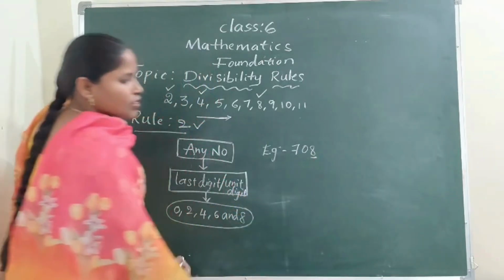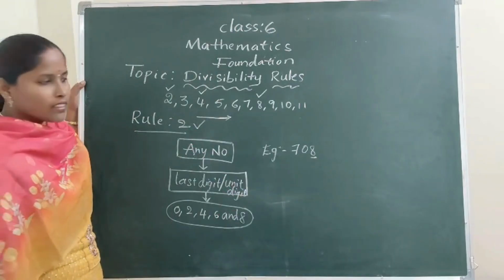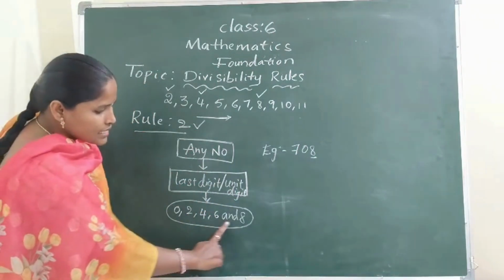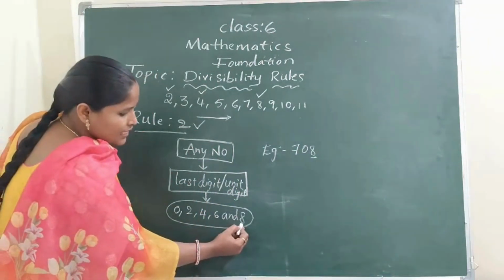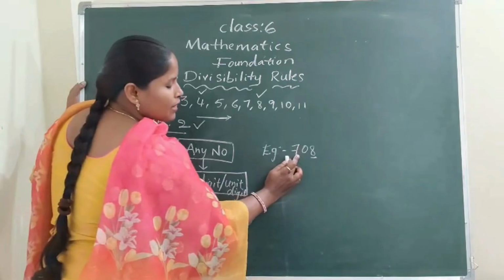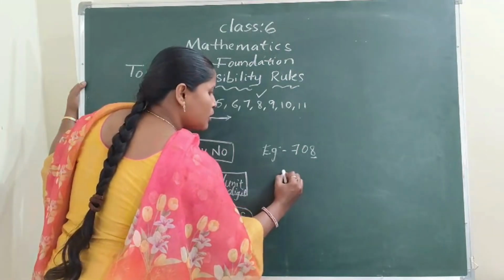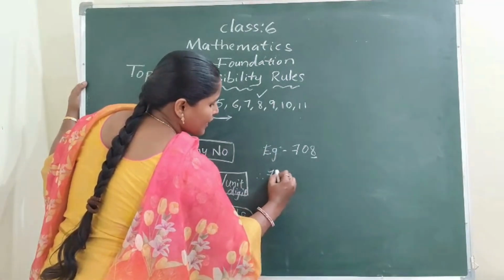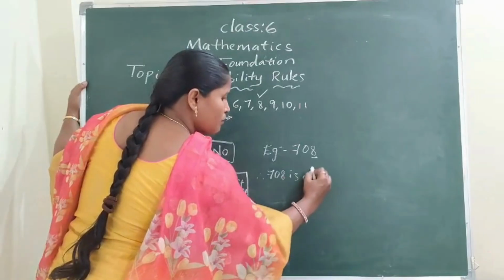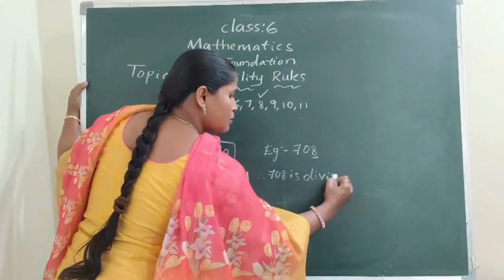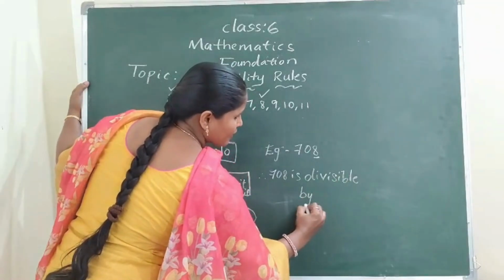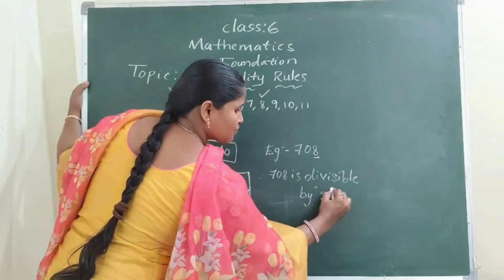Is 8 present in the list? Yes, 8 is present in the list. So 708 is divisible by 2. Understand?